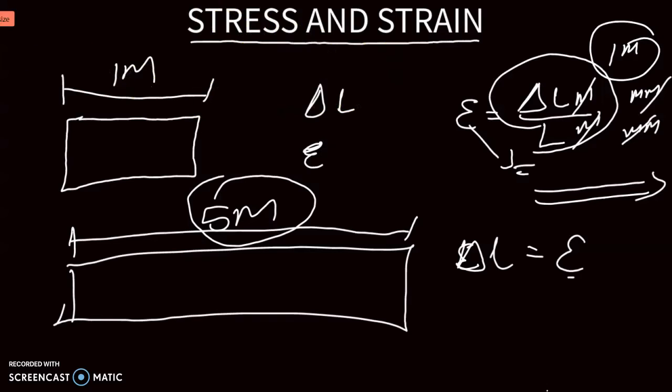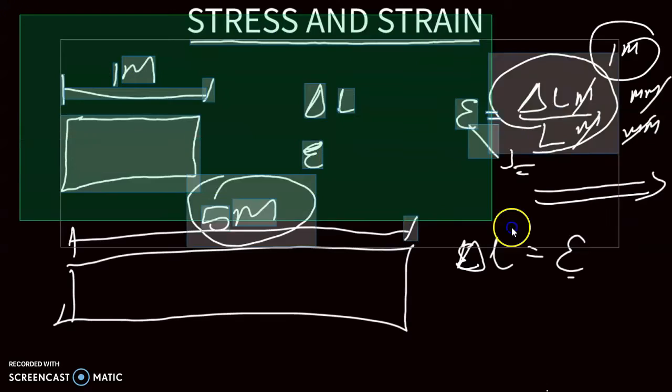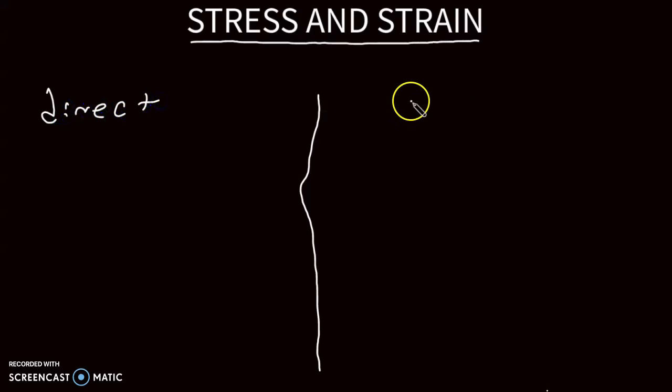And then we go to the types of stresses. We are going to deal with 2 types of stresses here. We do not have only 2, there are more than 2. So here we're going to deal with the direct and the shear stress.